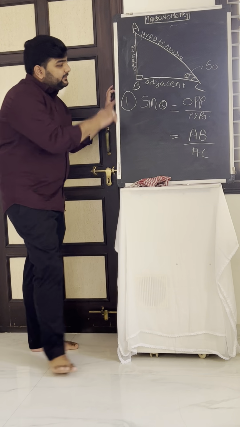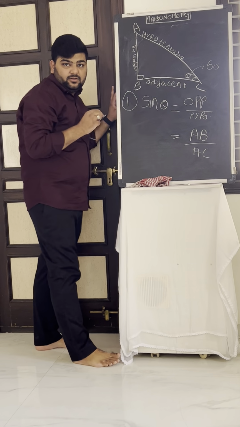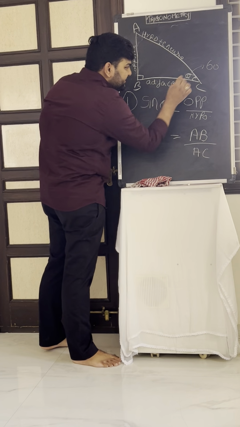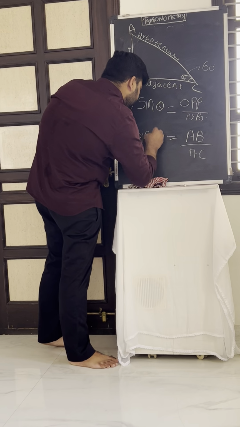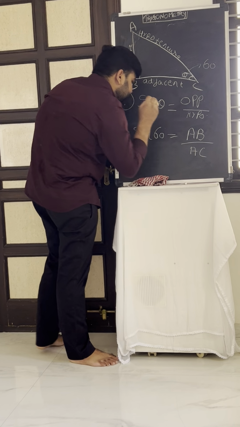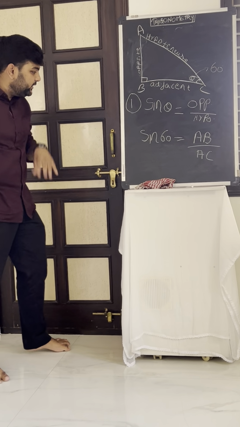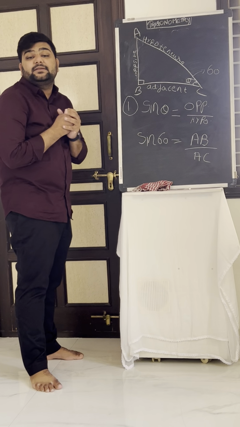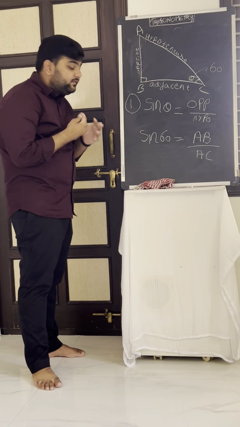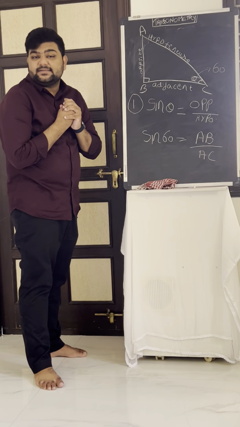Okay. Now, sir, you have taken the value of 60. Now, what is sine theta? It will be sine 60. Now this sine 60, students, we have a definite value for this sine 60.